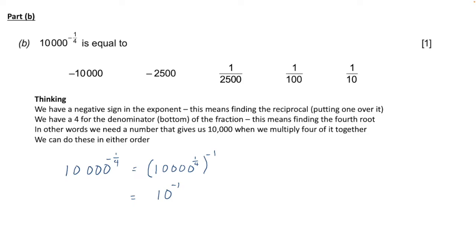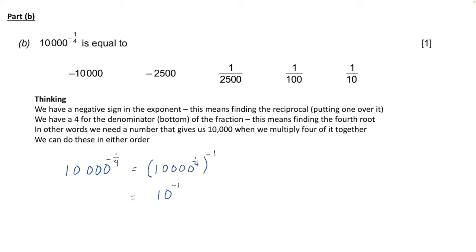The other thing is, they couldn't expect you, or me for that matter, to know what the fourth root of any old number is. It has to be a relatively straightforward answer, and so we know that multiplying tens together gives us 1 with however many noughts afterwards. So 10 times 10 times 10 times 10 will be 1 with 4 noughts. So 10 is what we need.